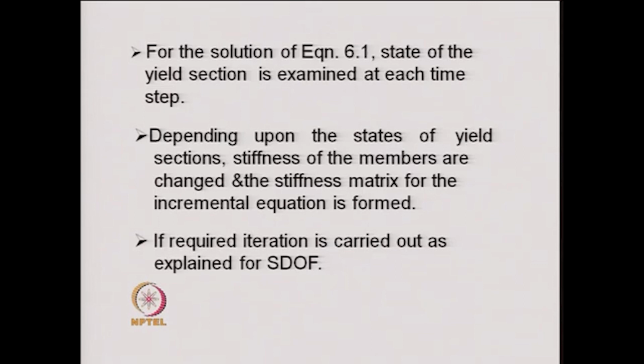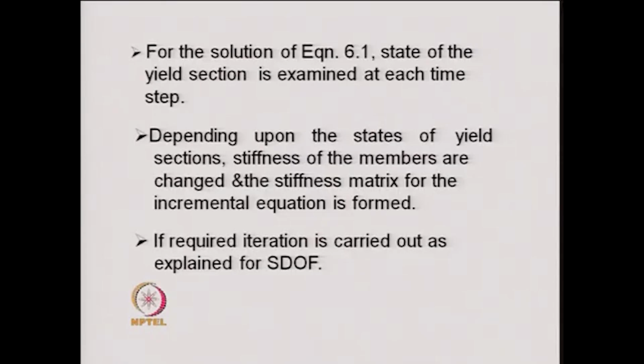In that, k is the k matrix, c is the c matrix and m is the m matrix. Now, depending upon the state of the system, the stiffness of the members is changed.